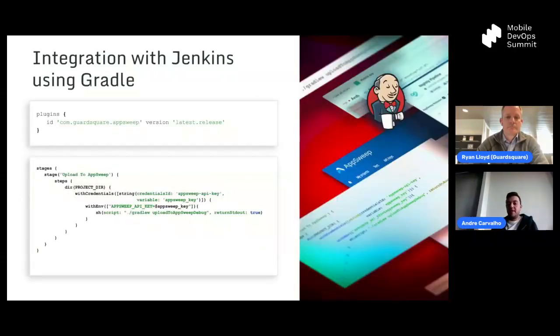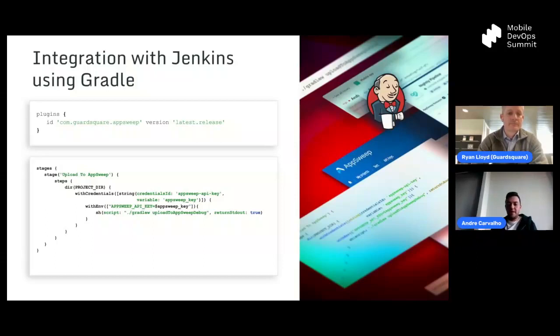If you're integrating on Jenkins, it's about as simple as Bitrise. The only thing you have to do is add the plugin to your APK or to your application. And then you just make a new stage, which is, I don't know, upload to Appstrip or testing, whatever you wish to name it.